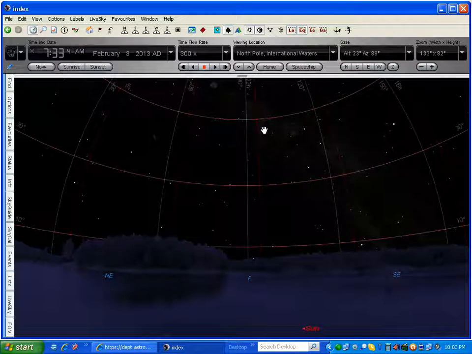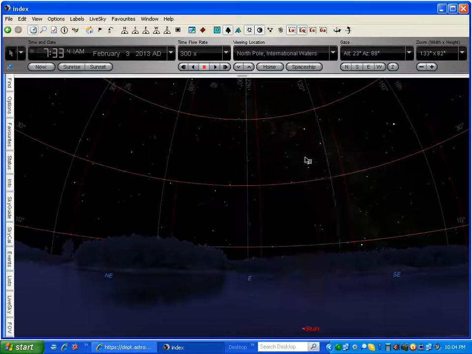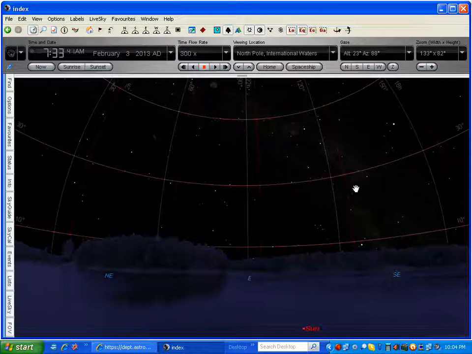You can see that the two coordinate systems lie parallel to each other. They overlie each other. They may be offset because of the numbering system, but they're parallel. Especially you can see here the parallels, the lines of declination and altitude.